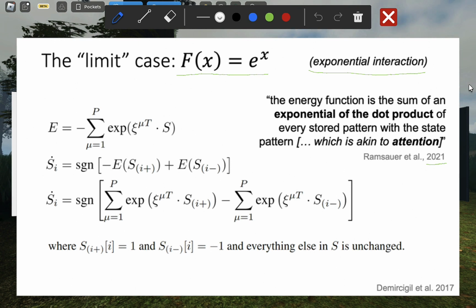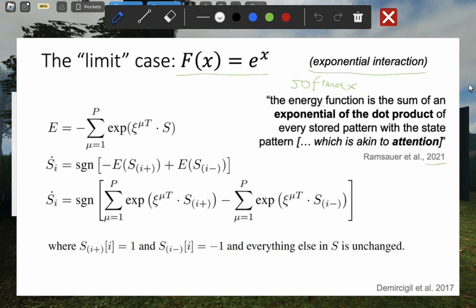But at least mathematically, this is what happens. The reason for that is because when you do attention, you're taking a softmax, and this has some relation to the exponential function.